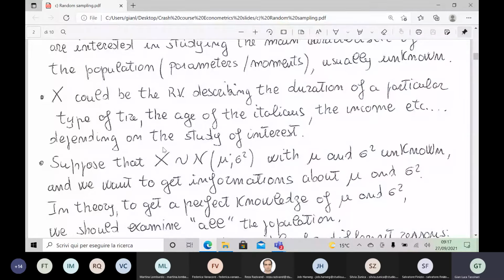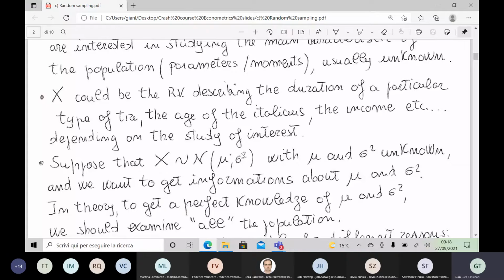In other terms, what you want to get is information about the moments of a random variable, because remember, mu is a parameter of the population and is also the raw moment of order 1, the expectation of the random variable X. Sigma square is the central moment of order 2, and is a characteristic of the population.